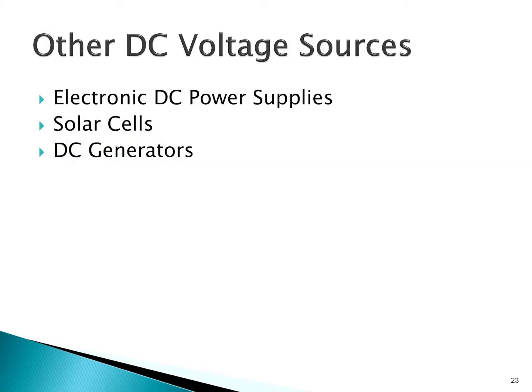Other DC voltage sources are electronic DC power supplies, which is what we have in the lab. So in K012, that's what you were looking at and reading voltage with your voltmeter the other day. Again, a solar panel gives you DC output.